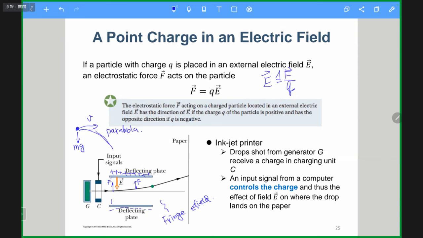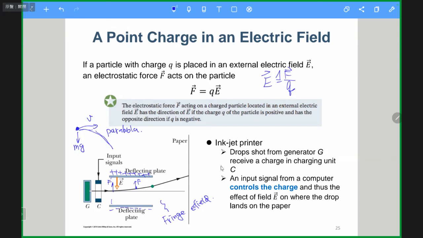It is the other way around here, because we neglect the gravitational force and the electrostatic force is pointing upward. So if you turn it upside down, it feels like you have this phenomenon. But of course, it is not the gravitational force, it is due to the electrostatic force.